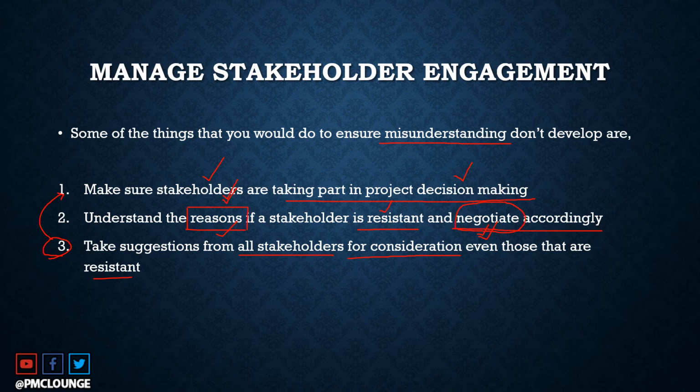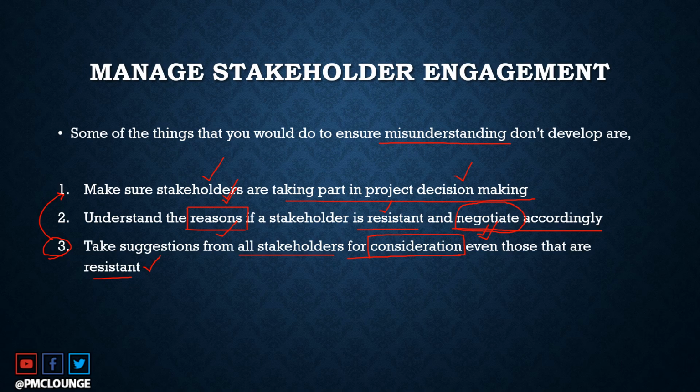So if you take suggestions from everyone and then consider those suggestions, that means you take another step, maybe discuss those suggestions in a team meeting, take them seriously and try to see if you can implement them. These suggestions can even come from resistant stakeholders, so you should not play favorites.